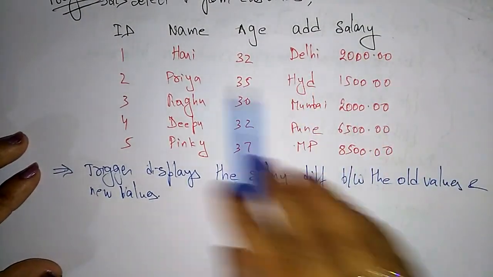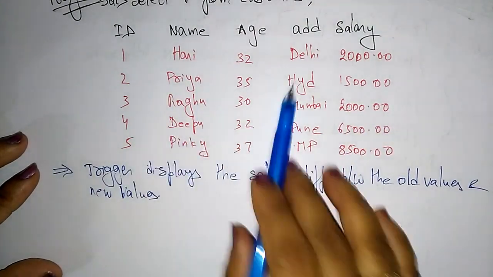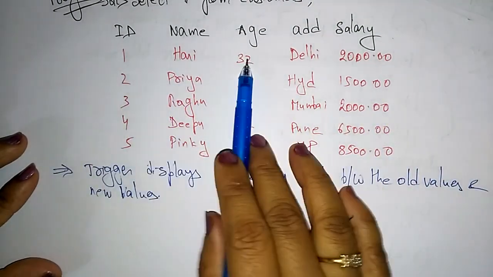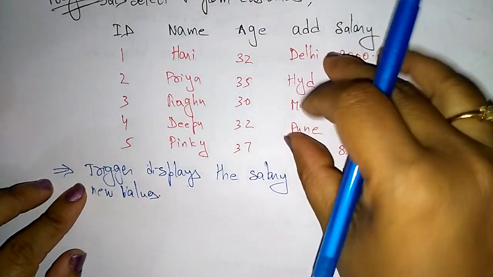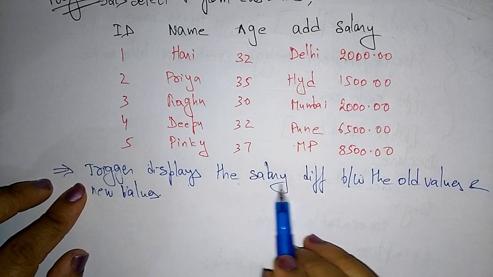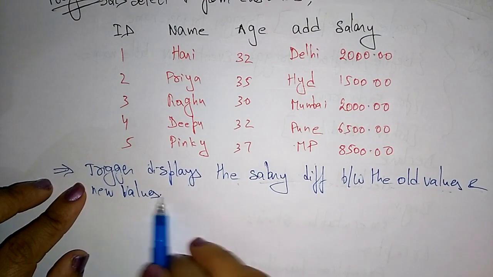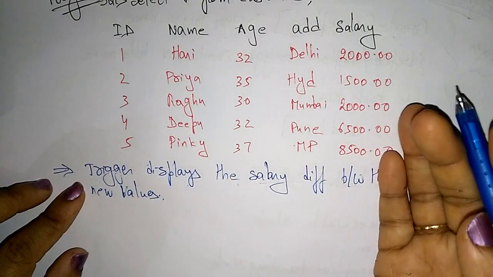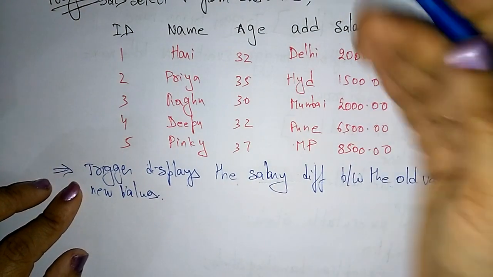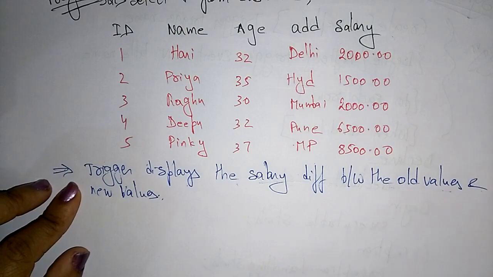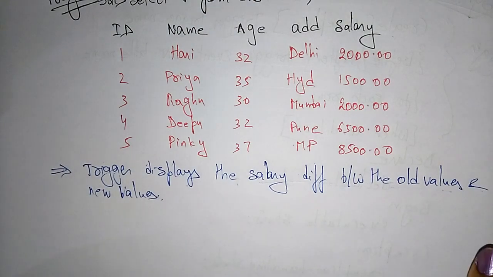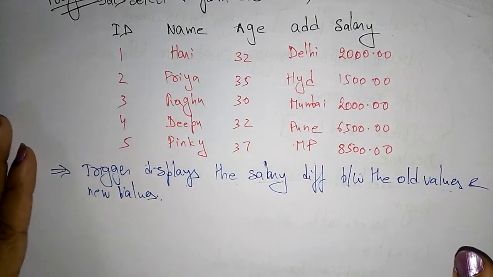If you want to update the salary of every person, means every row, you want to trigger the table by finding out the salary difference between the old values and new values. This is the old value I already entered, but I want to know the difference between the old value and the new value, means how much they are gaining. That is the trigger, how much they get incremented. Okay, so I'll write the program for that.